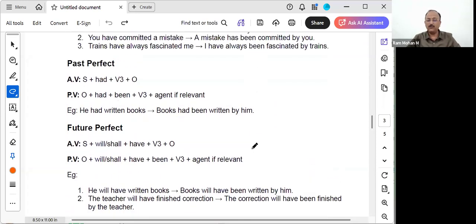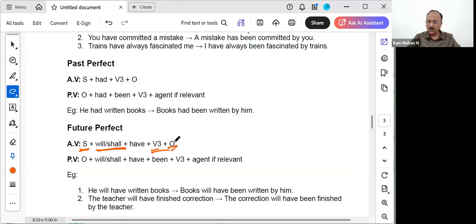The last one, future perfect. In this case, the subject will come. Before have, we'll add either will or shall. I'll have written books. That means you asked what you will have done after 3 years. I will have written 2 books. Suppose I tell this, correct now? Then will have or shall have will come. Always after have, the V3 form of the verb, but the object will come.